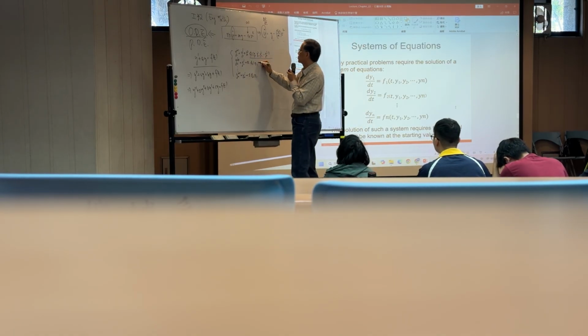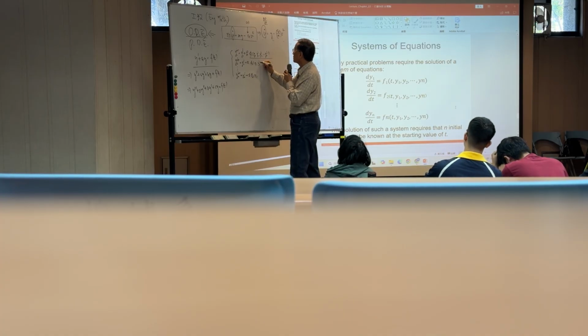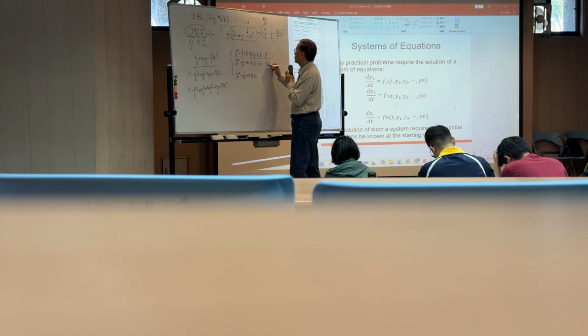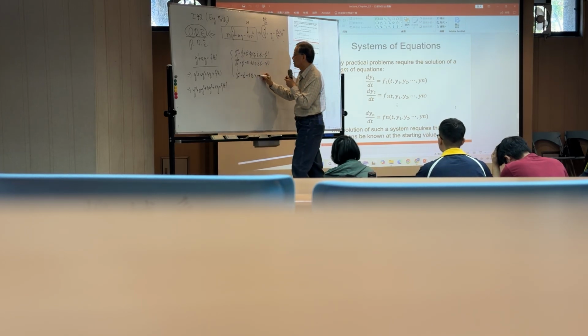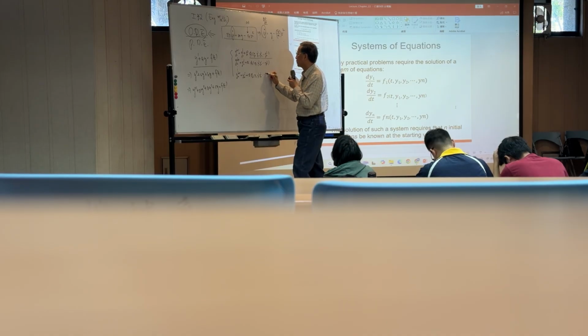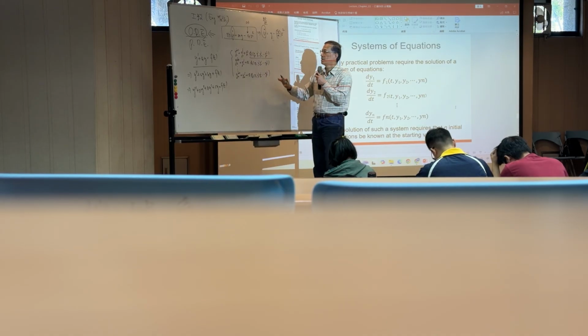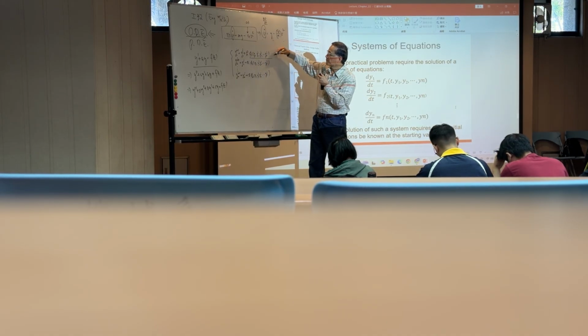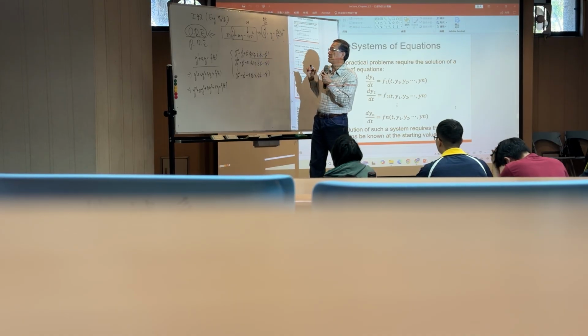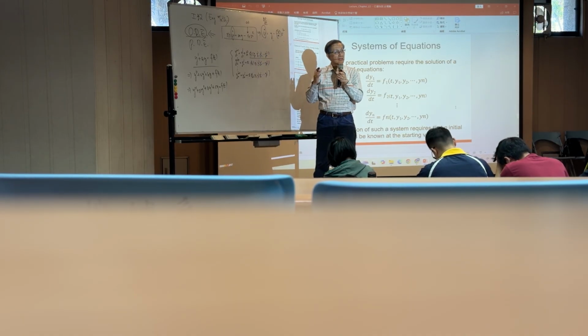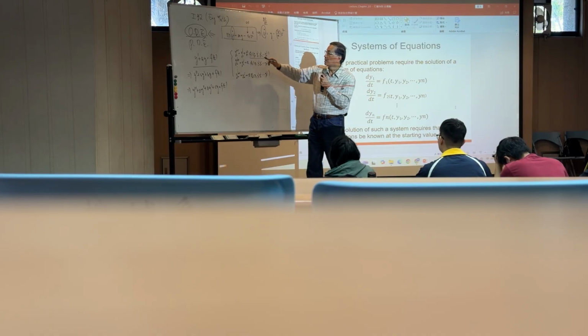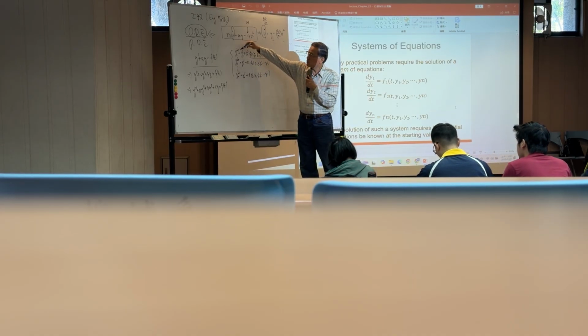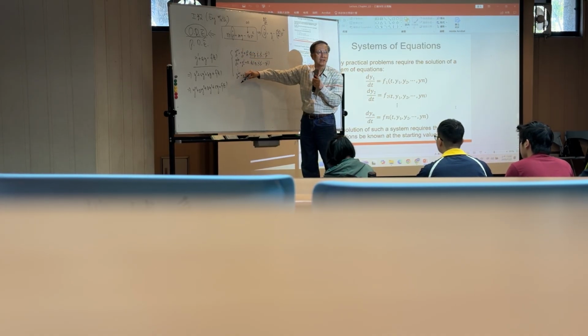Same thing here. It should be y1 at i, y2 at i, and all the way to yn at i. Should be all inside. Same thing here. y1 at i, y2 at i, and all the way to yn at i. Because they are functions of all these variables, right? And that's fine. You do the calculation. You update y1, y2, y3, yn, right?